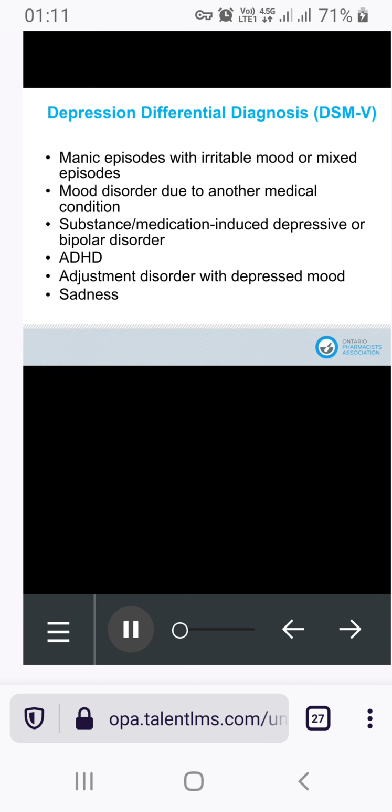Depression differential diagnosis in DSM-5: manic episodes with irritable mood or mixed episodes, mood disorder due to another medical condition, substance or medication induced depressive or bipolar disorders, ADHD, adjustment disorder with depressed mood, sadness.